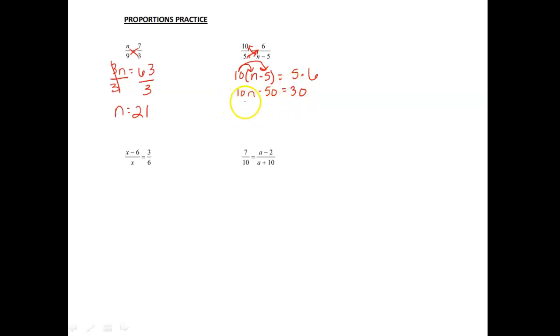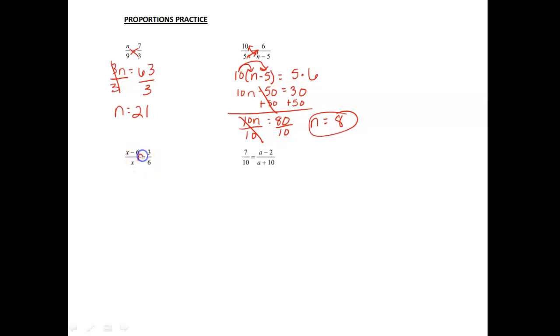Solve for n. We're trying to get n by itself. We're going to move 50 by adding 50 to both sides. So I have 10n equals 80. Divide both sides by 10. N equals 80 divided by 10 is 8.